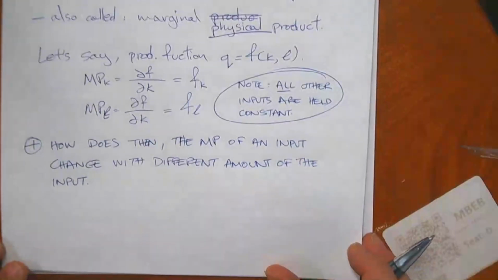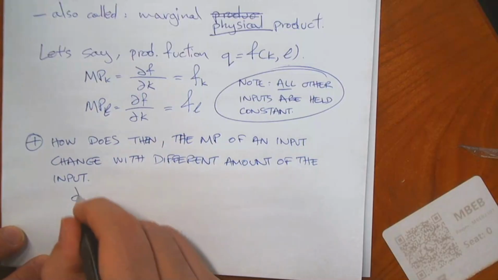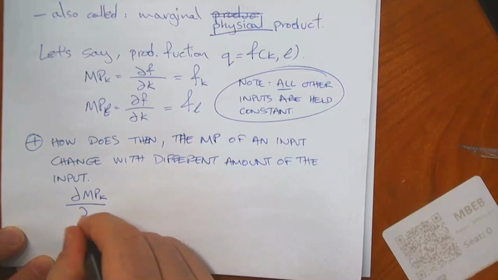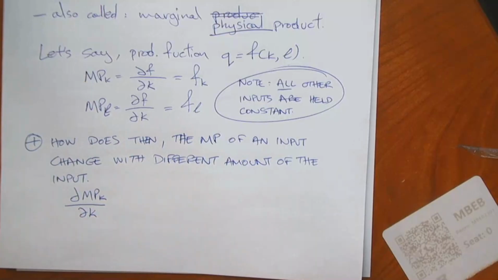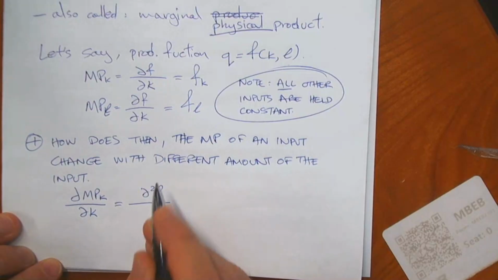So how do you capture this mathematically? You need to do another level of differentiation, right? So you're going to say, well, now I'm thinking about the change in the marginal product of capital as I change capital. That will be effectively the second partial derivative of this F function.